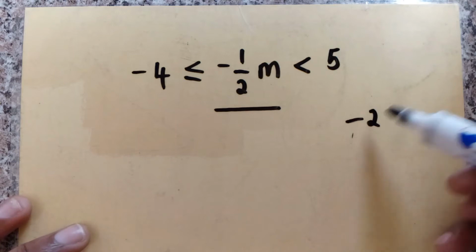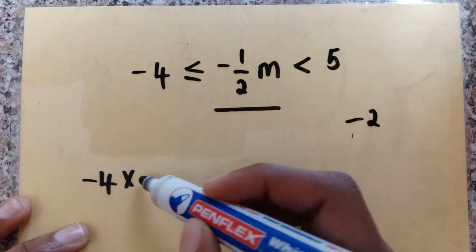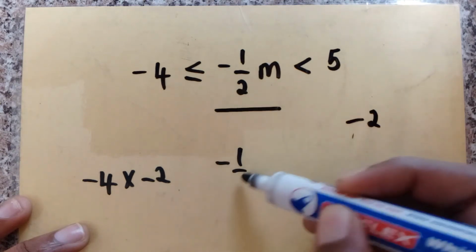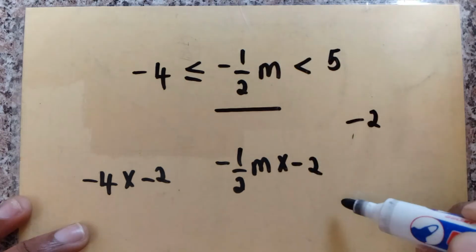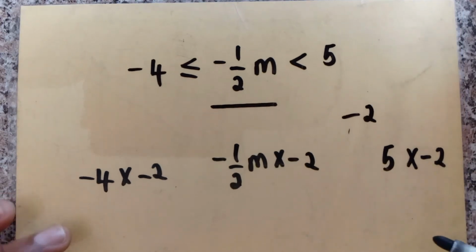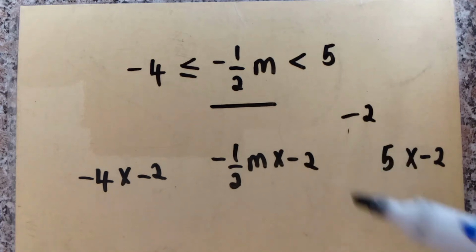So we'll have negative 4 multiplied by negative 2, and then in the middle we have negative 1 over 2 m multiplied by negative 2, and then we have 5 multiplied by negative 2. You're going to notice something: I didn't include the inequality signs. Why?